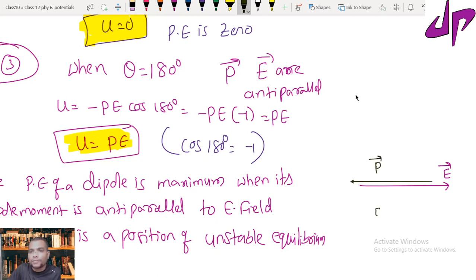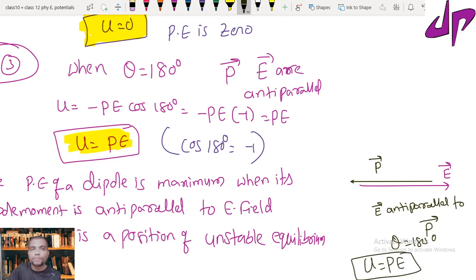Now the electric field vector is anti-parallel to the P bar vector. Dipole moment is a vector. Now in that case, theta equals 180 degrees. So the potential energy equals P. It has maximum potential energy.